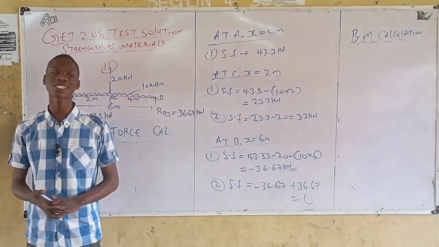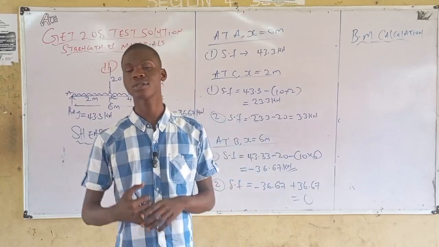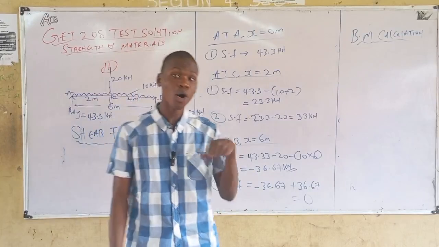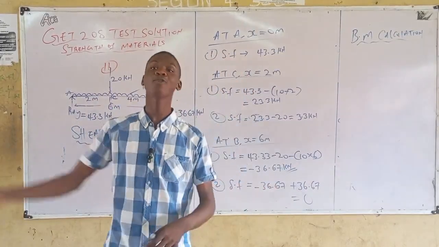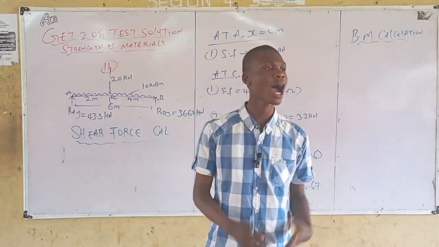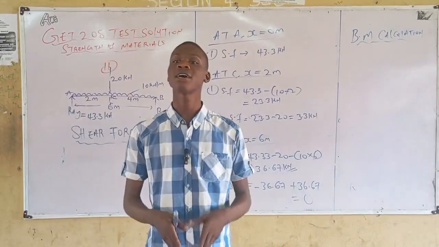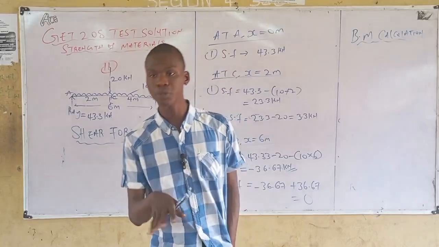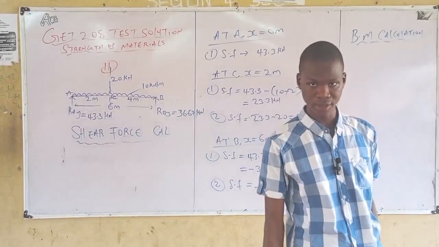As we know that shear force has its own condition, bending moment also has its own condition. The first one is that bending moment must start with 0 and must end with 0. Same approach: you calculate the value of bending moment at every point in your beam. Now, how many points do you have here? 3 points, right?